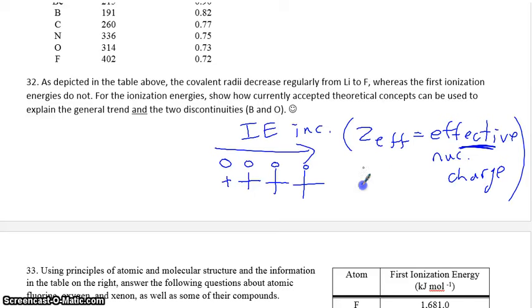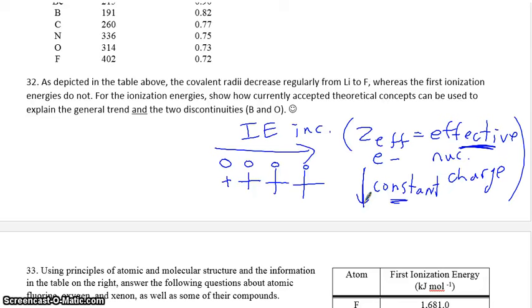Incidentally, effective nuclear charge is constant as you go down. Because remember, the effective nuclear charge is the number of valence electrons, minus the number of core electrons. So as you go down, valence electrons stays the same, and core electrons essentially, so even though you get more core electrons, you get more protons.